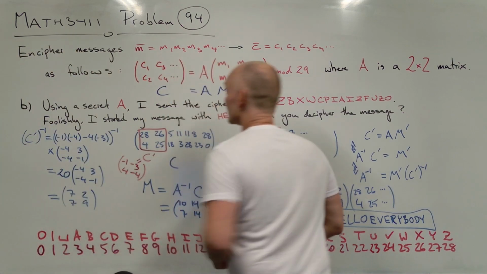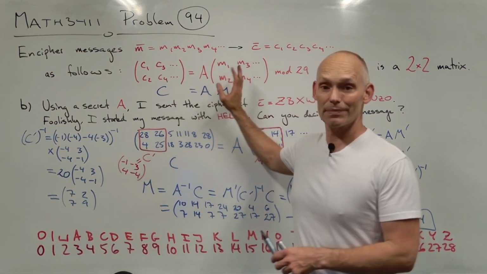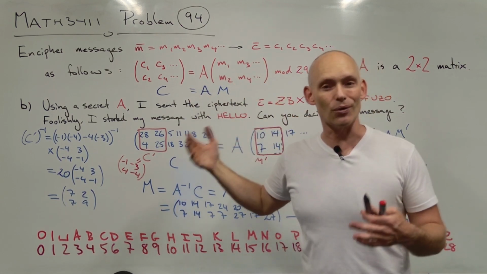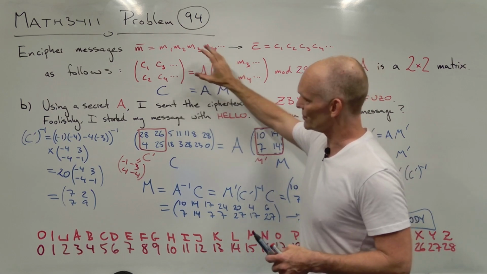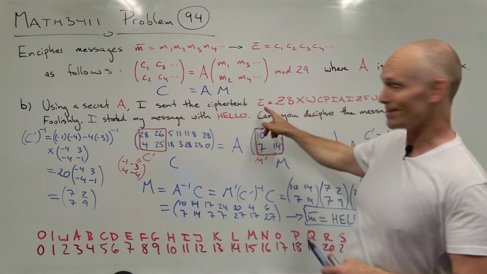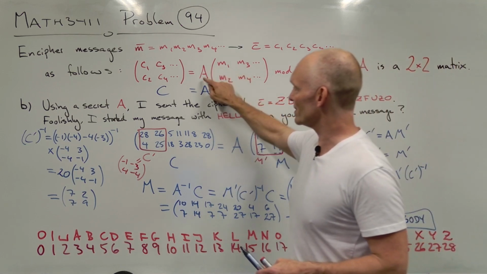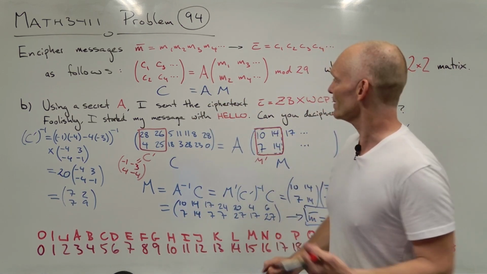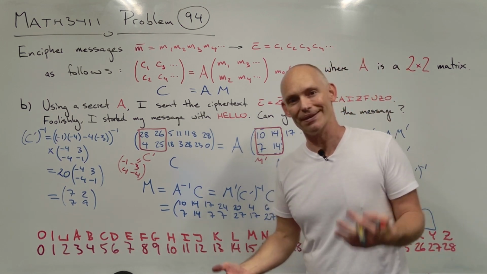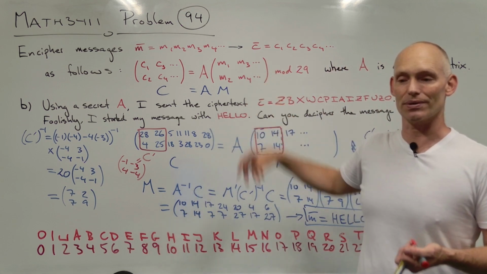So if we didn't know anything about the message like we did here, but just used brute force to test. Okay, so here we have some ciphertext, like for instance this stuff there, and we just tested all the matrices A that we could think of. Well, how difficult would it be then to figure out what the ciphertext was?